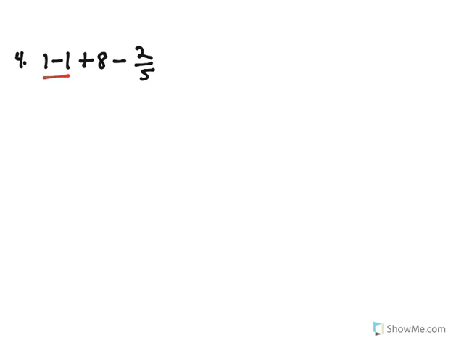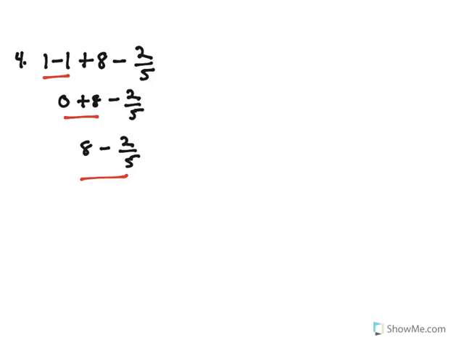So, that's kind of like saying 0 plus 8 minus 2 fifths, right? But we know it's 0, so we can just go ahead and continue. 0 plus 8, we know, is going to give me 8 minus 2 fifths. We're going to go left to right, and now we finish this operation.